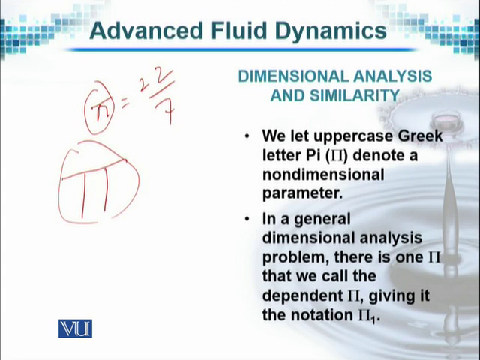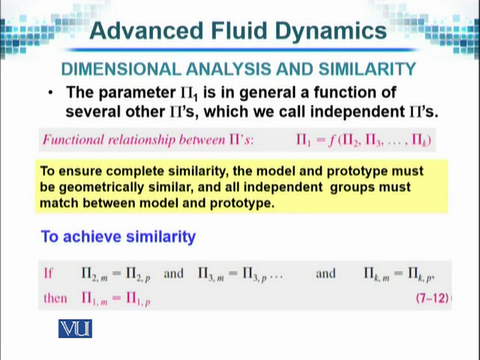In a general dimensional analysis problem, there is one pi that we call the dependent pi, and giving it the notation, let's say pi 1. And obviously there will be independent pi's, and there will be a dependent pi. The parameter pi 1 is in general a function of several other pi's, of course, because it will be depending upon many other independent variables.